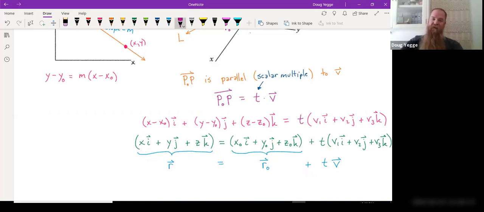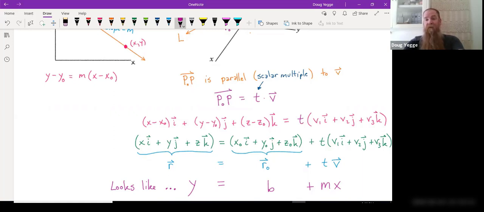But before we continue, I'd like you to see how this kind of looks like y equals mx plus b. This looks very similar to the equation for a line in 2 dimensions, where b is basically the starting point, the y-intercept.